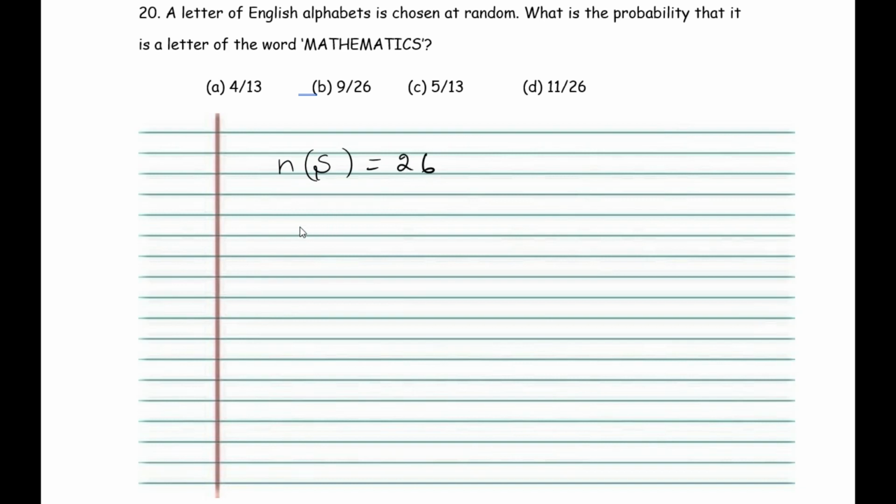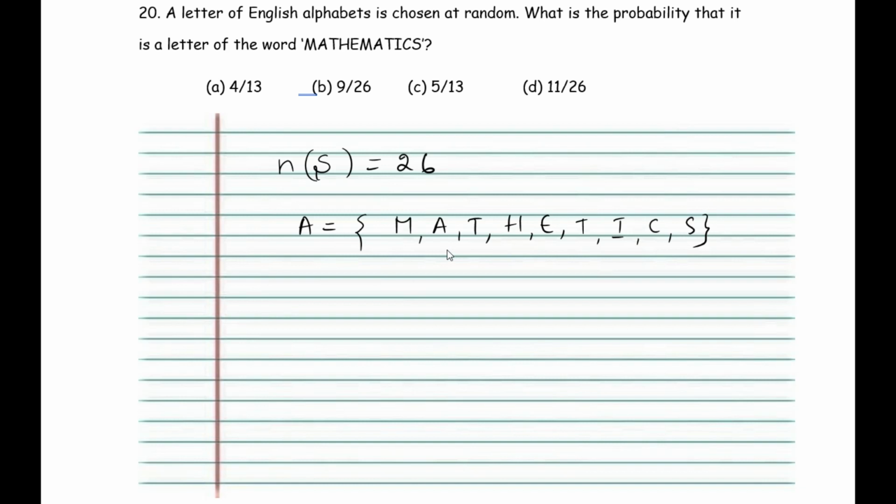What is the favorable event? Let it be A. It is M A T H E, then again M A is repeated, and you should not repeat the letters. Therefore T I C S.